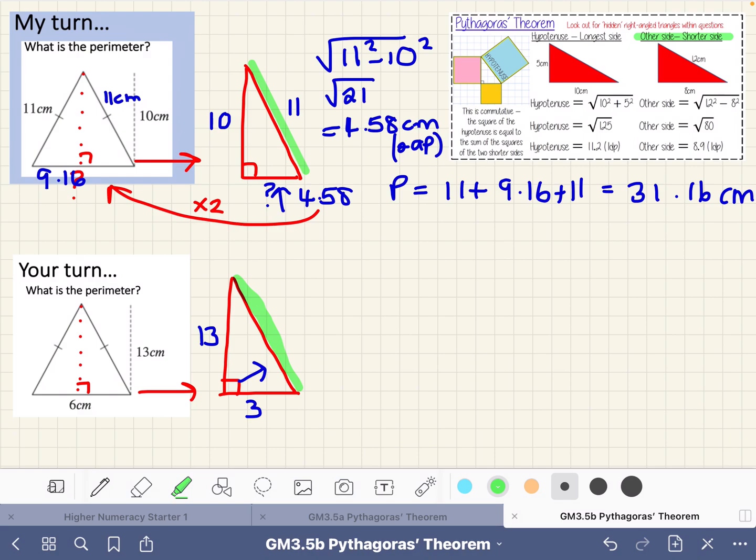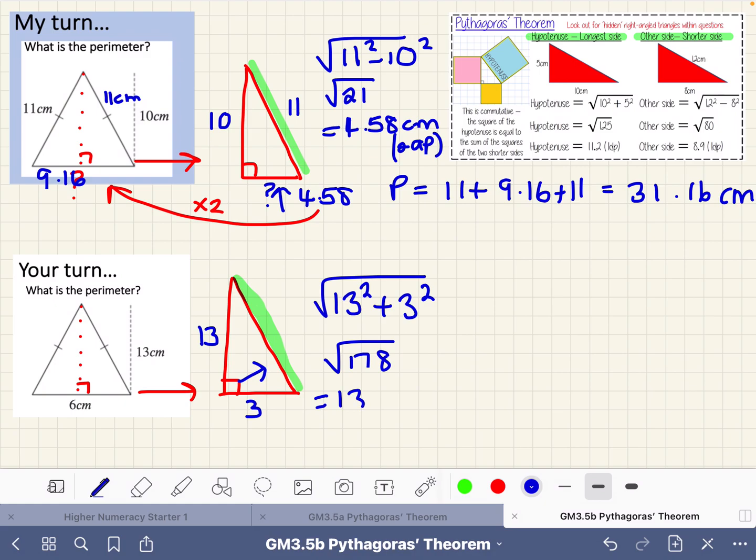That means I need to use this formula now, where I look to add the square of both sides. That means I have got the square root of 13 squared plus 3 squared. That gives me the square root of 178 and in turn gives me a length of 13.34 for the hypotenuse.